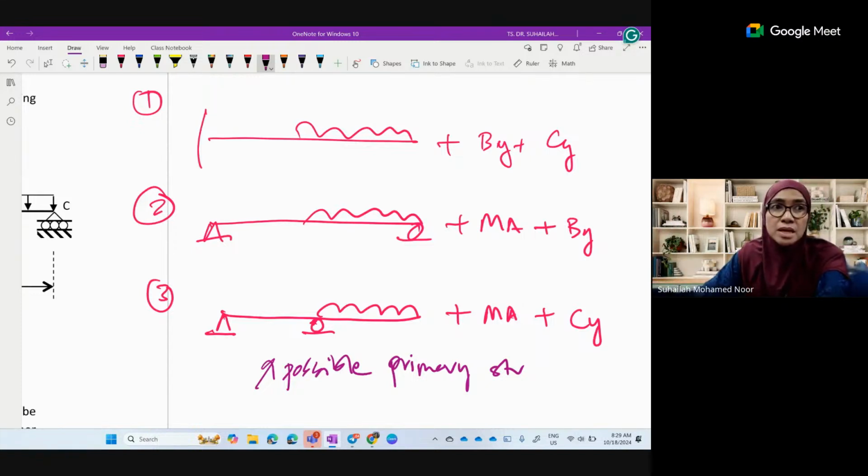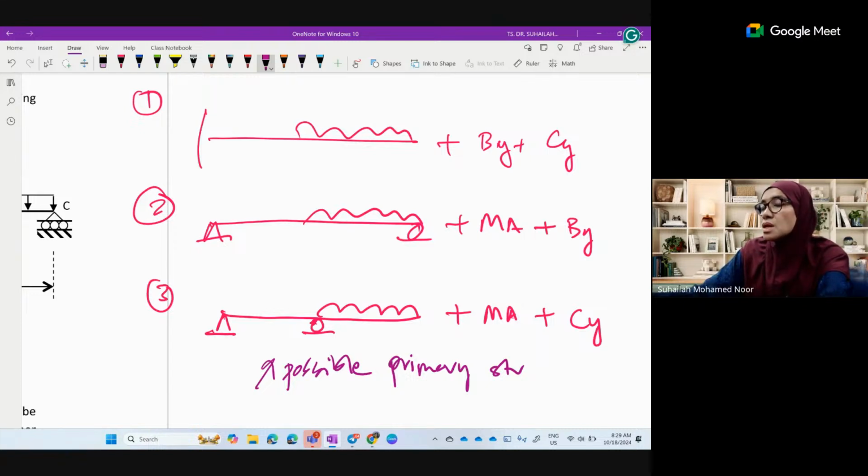But this time around that cannot be, because we have to fulfill the complex engineering criteria. So now the possibility is no longer given. You have to choose which one you like. If you want to use BY and CY, then proceed with number one. Everyone can choose.